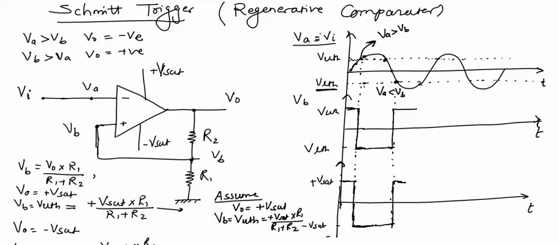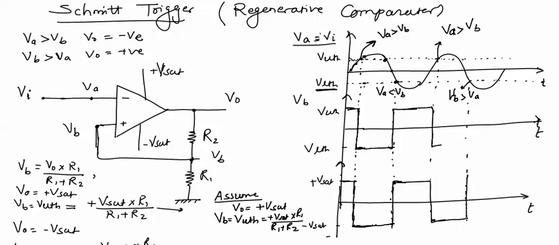And again, when we increase the graph at this point, Va becomes greater than Vb, and output again switches from plus Vsat to minus Vsat. At this point again Vb is greater than Va, so output again switches from minus Vsat to plus Vsat, and Vb switches from VLTH to VUTH.